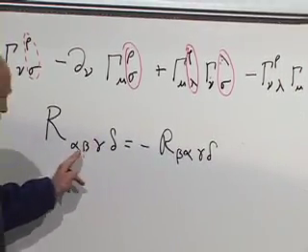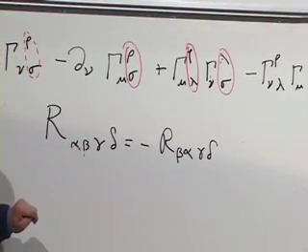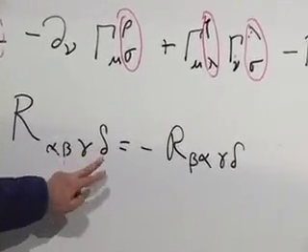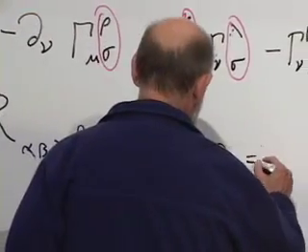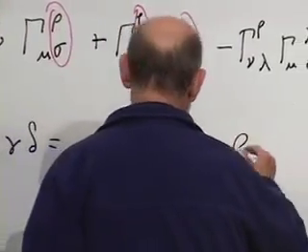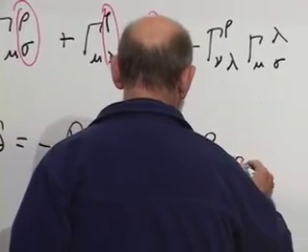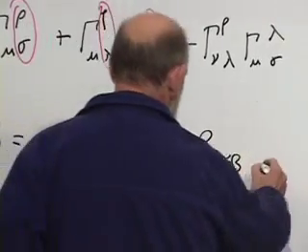It's also antisymmetric if you interchange gamma and delta, so it's also equal to minus R alpha beta delta gamma.